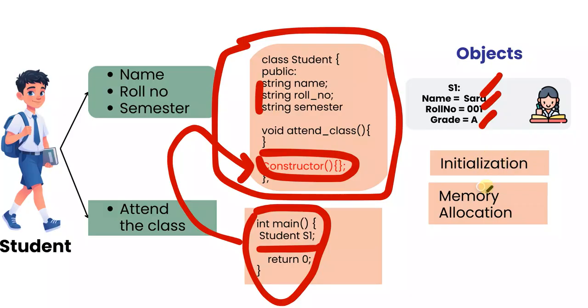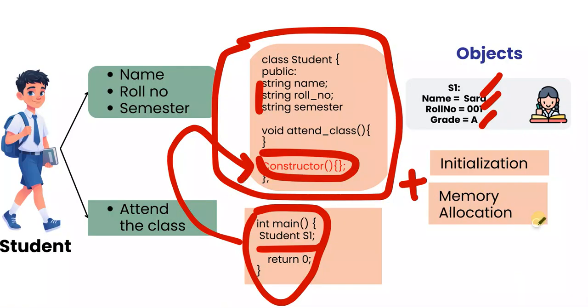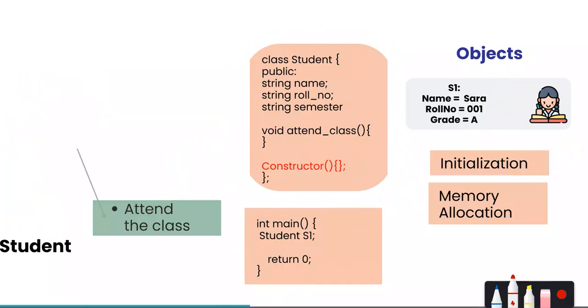So now the constructor will initialize the data members, and it will also allocate the memory. Earlier you saw that we were just allocating the memory, not initializing the data members.